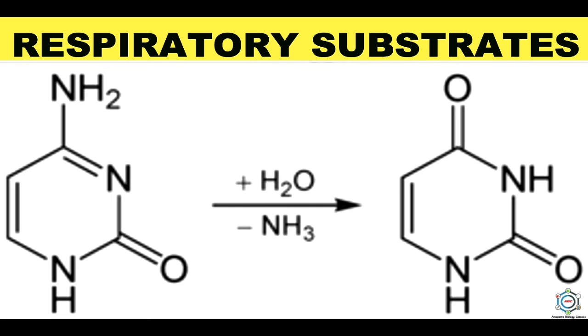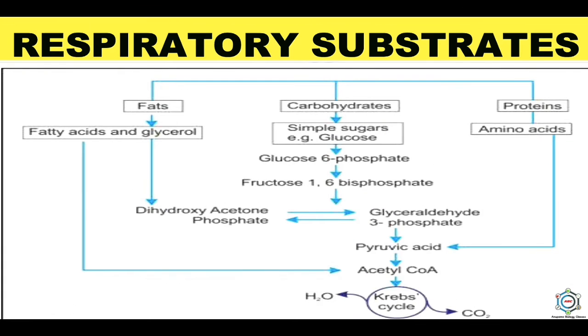These organic acids enter the Krebs cycle and are further catabolized to yield energy. So protein is first converted into amino acids, then the amino acids undergo deamination to form organic acids and ammonium salts, and these organic acids are used in the Krebs cycle to form carbon dioxide and water.